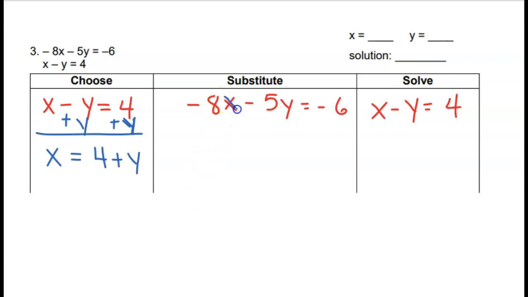So in place of this x, I'm going to put 4 plus y, because this is equal to x. It says so right there. I'm still going to have the negative 8 minus 5y equals negative 6.